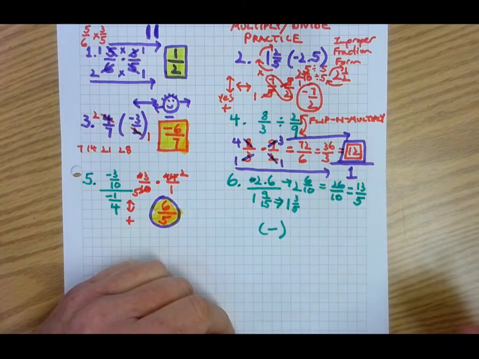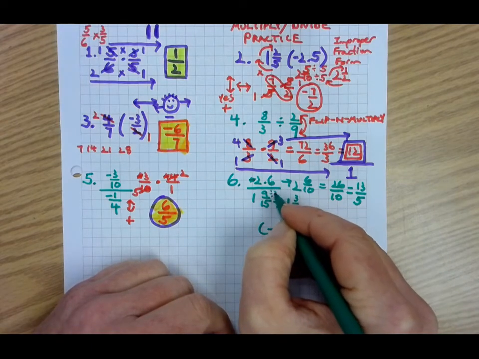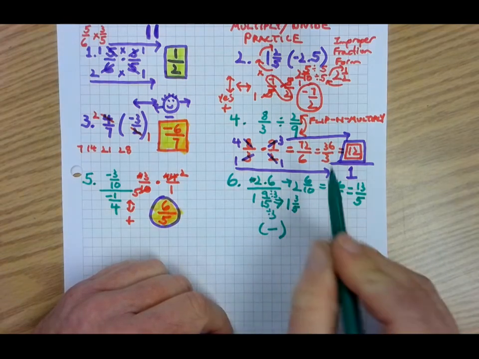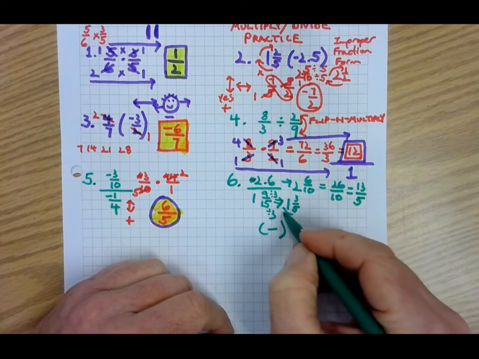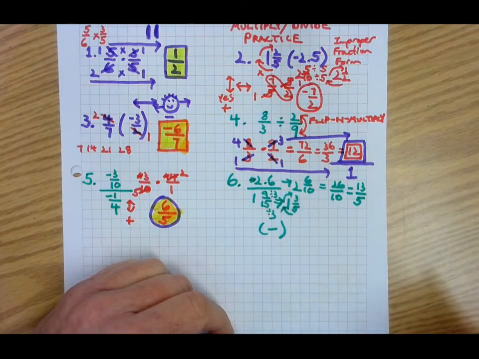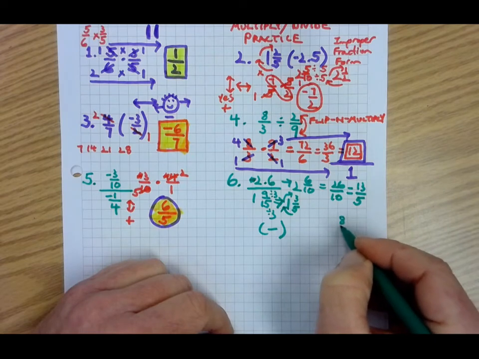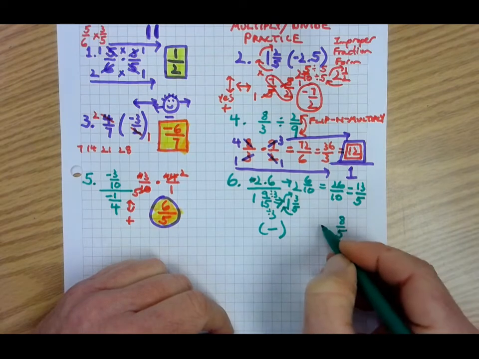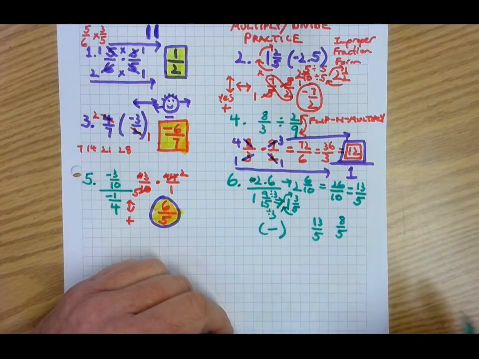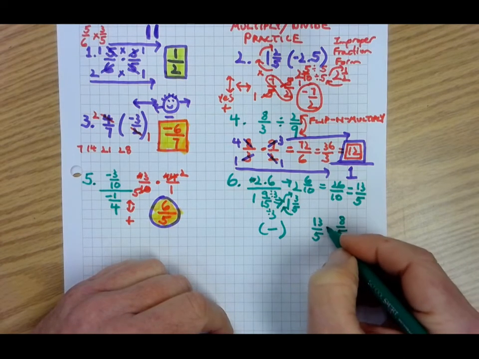Good, 5. What's 5 plus 3? 8. So now what it boils down to is 13/5 divided by 8/5. Remember, this used to be 2 6/10, and this used to be 1 9/15.